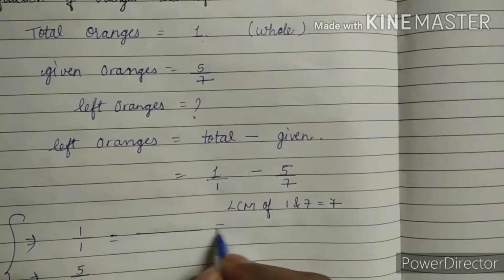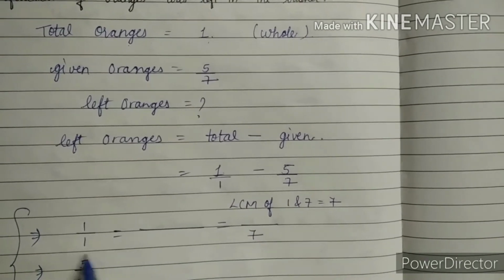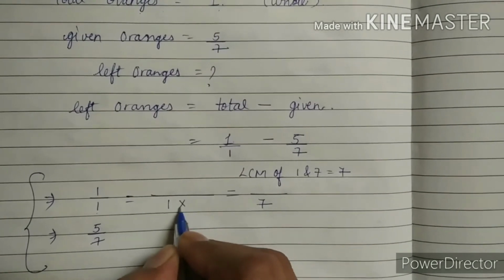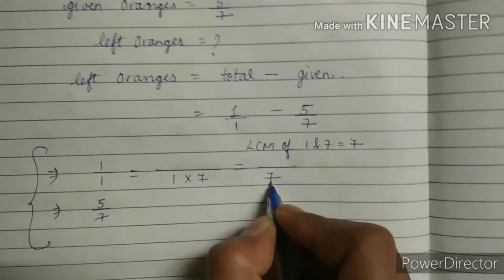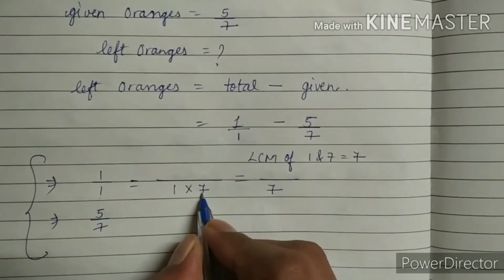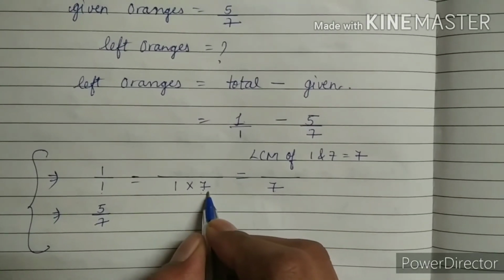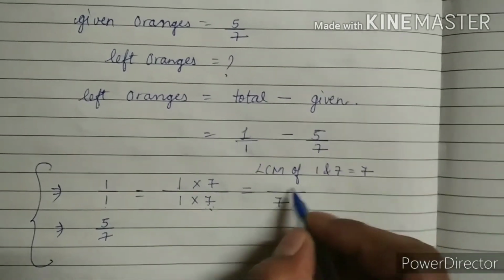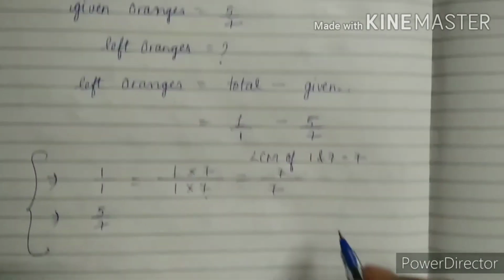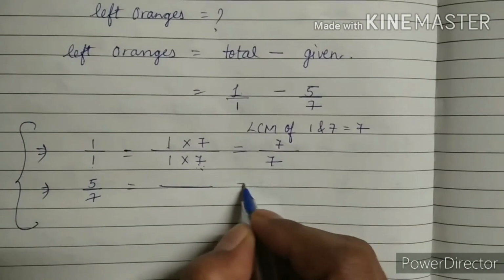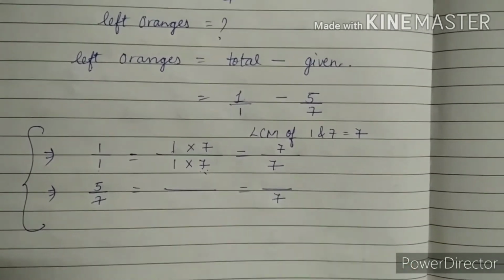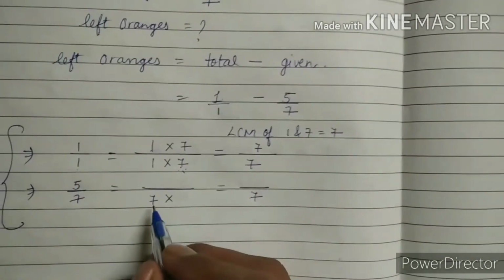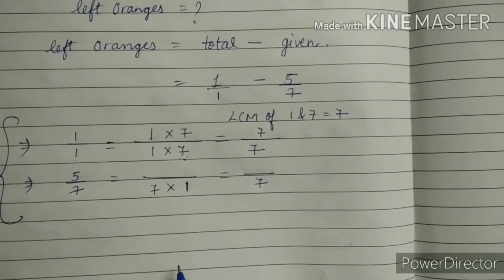How can we get 7 here? When we multiply 1 by 7, we get 7. And if we multiply the denominator by 7, we have to multiply the same number in the numerator. So 1 into 7 is also 7. Here 5 by 7 also we want as 7, but it already has 7, so it will be multiplied by 1.